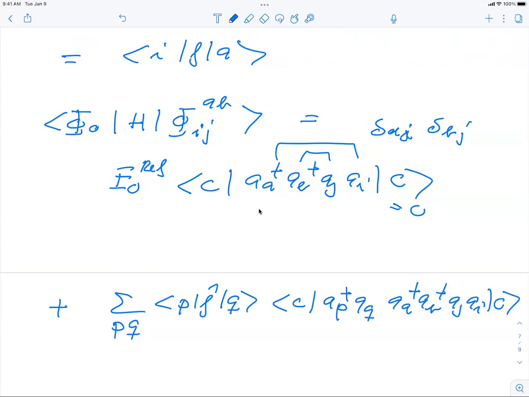Now, in this case, I can have a contraction of this type, that is non-zero, and then I could have a contraction like this, which is also non-zero. So this would give me a delta Q A, and this would be a delta P J. But then I now have to contract a_B here with a_I. And that's automatically zero because that requires a delta B I. And B is a particle state and I is a hole state. So that is not possible.